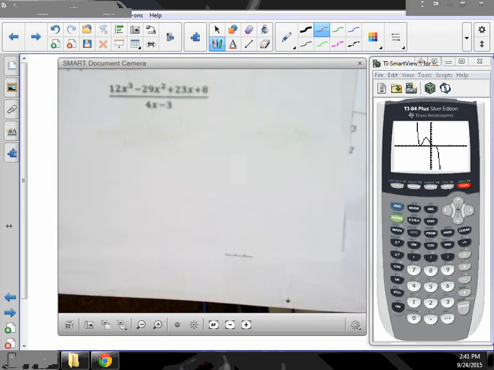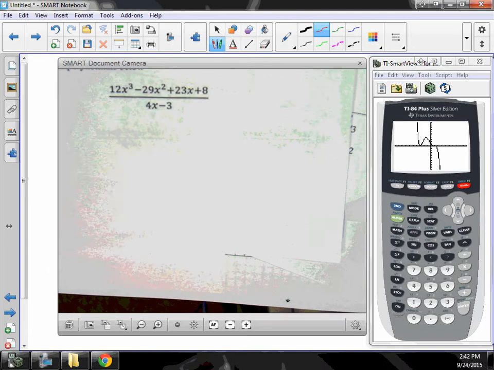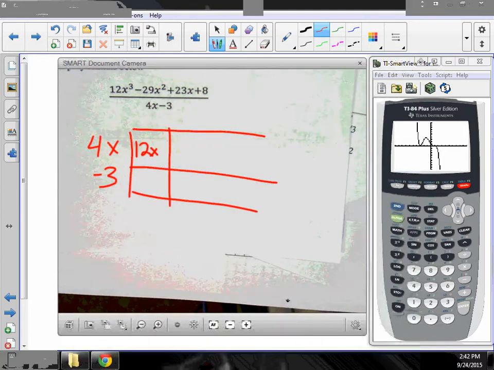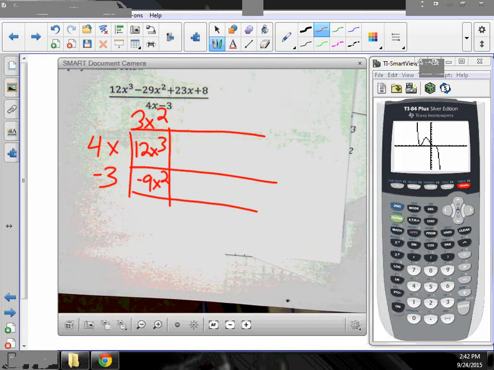All right, let's try this one. So 4x minus 3. Put in the 12x to the third. What goes on top? 3x squared, negative 9x squared, or x, yeah.